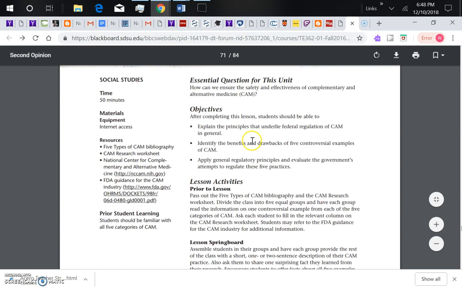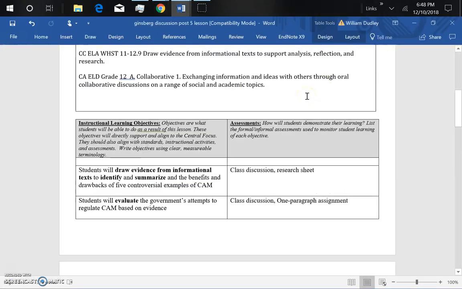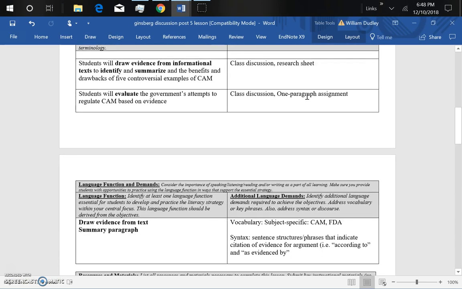So kind of combining these objectives and the standards. And also in the language function, I put, again, draw evidence from text and summary paragraph, because those are the activities we are doing in the lesson.